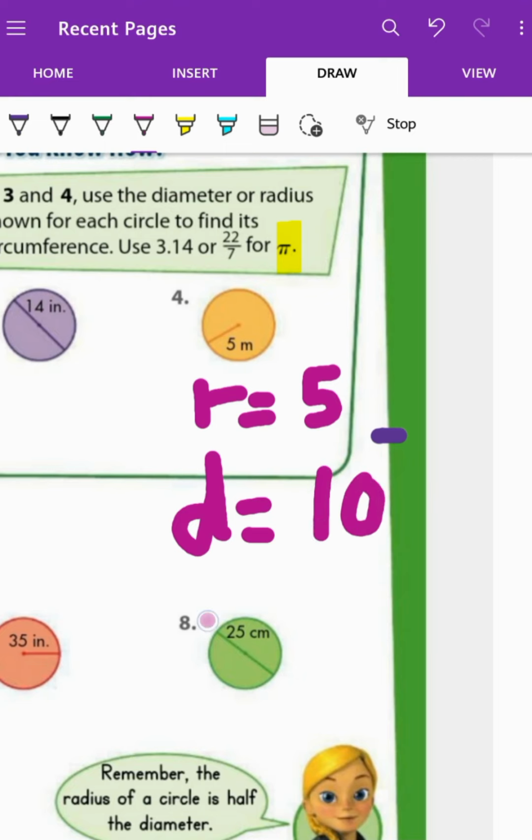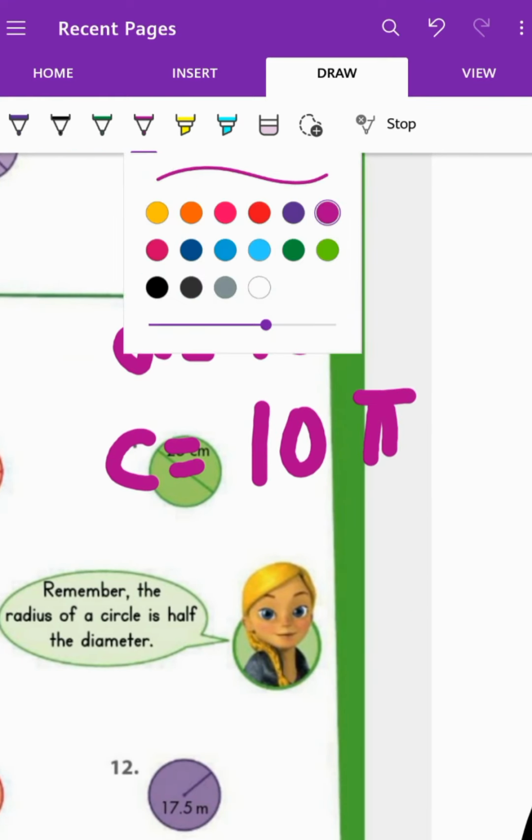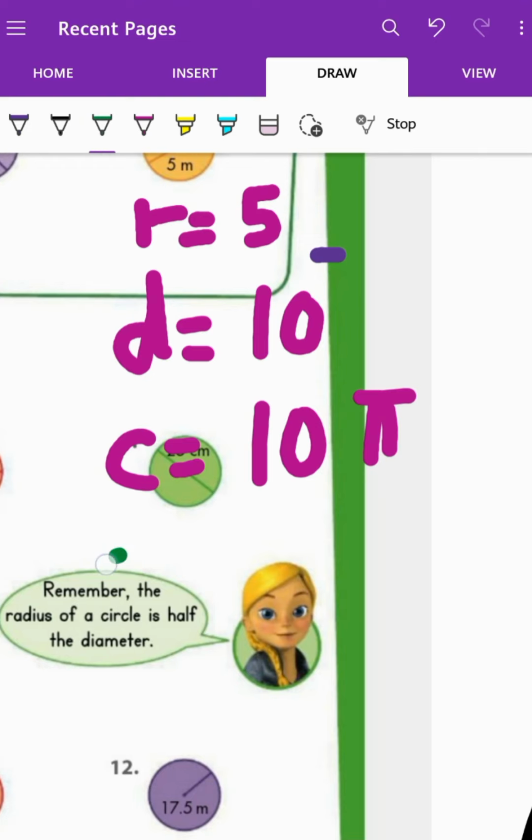Now C is 10 pi. What we say, the circumference, we can find it if I find D. And we can write it, if you want to find the value, C equals 10 multiplied by what?